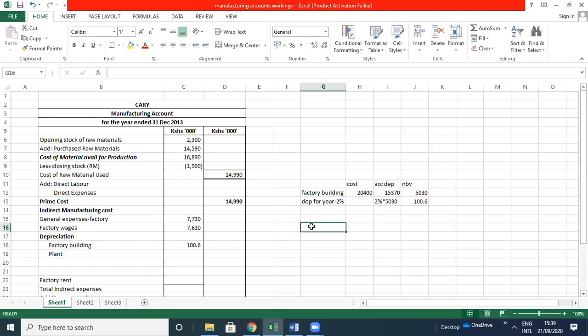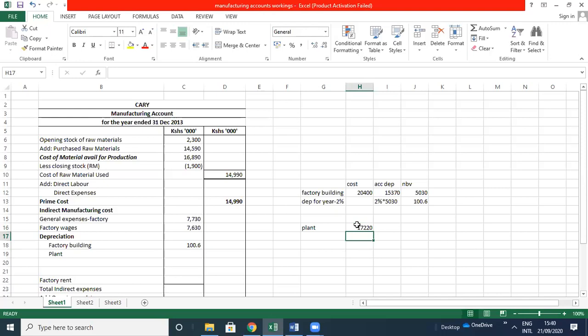For the plant, what was the depreciation? What was the value? The plant at cost is 17,220.